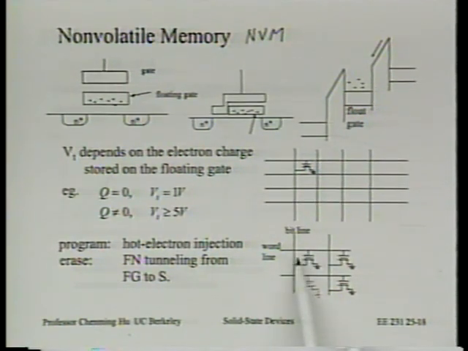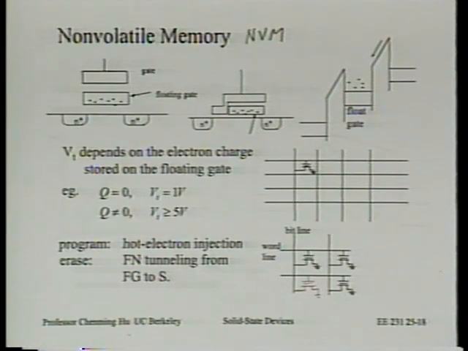If it flows through the bit line, that current must be flowing through the red cell, because only that has a potential of conducting current. This cell, for example, even though it's connected to the same bit line, cannot conduct any current, no matter whether VT is in the low state, 1 volt, or high state, larger than 5, because the top word line is grounded. We did not apply the VDD to this top word line.